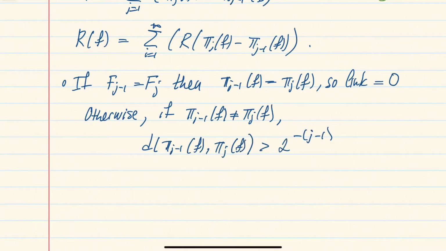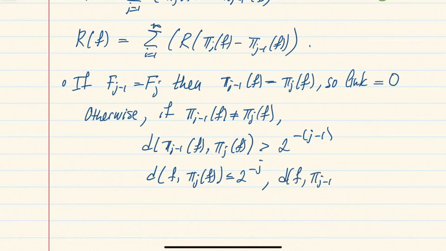Okay, but on the other hand, because this was the closest point to f, and both are in f_j, that means that the distance from the projection pi_j should be less than or equal to 2 to the minus j, but also the distance to the projection pi_{j-1} should be less than 2 to the minus j, right? Because it must be the closest point.